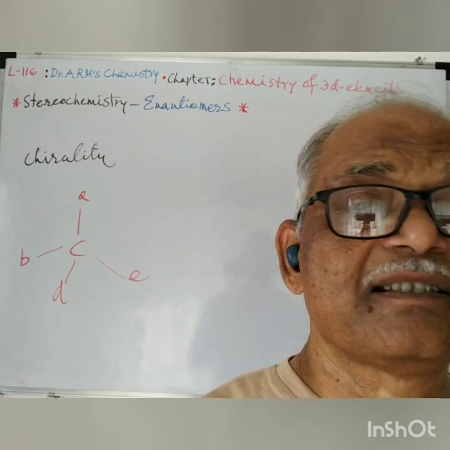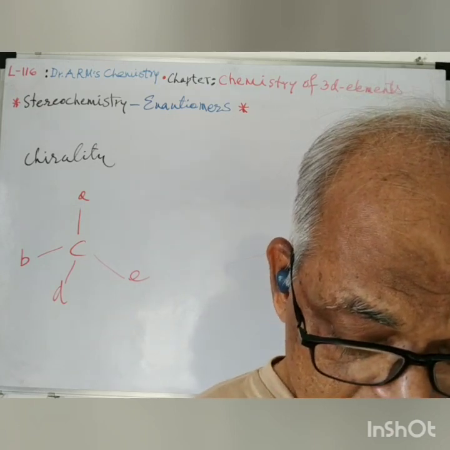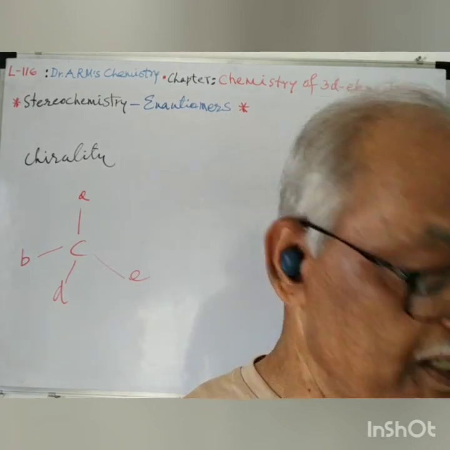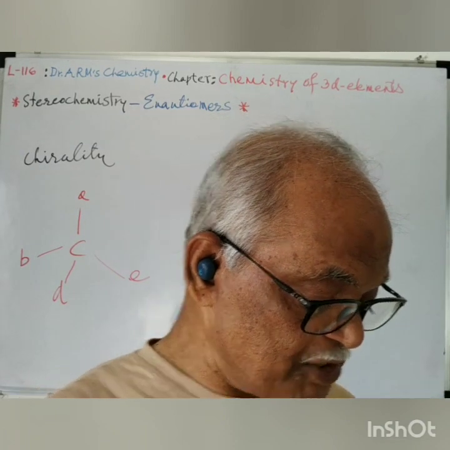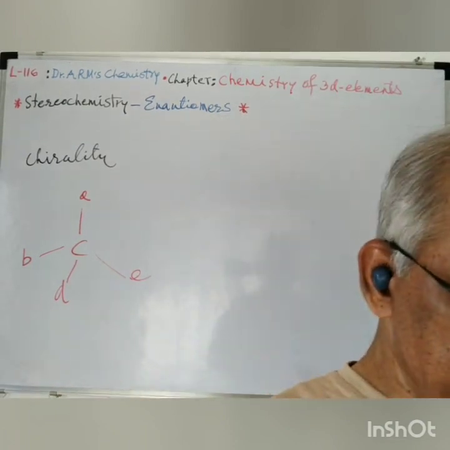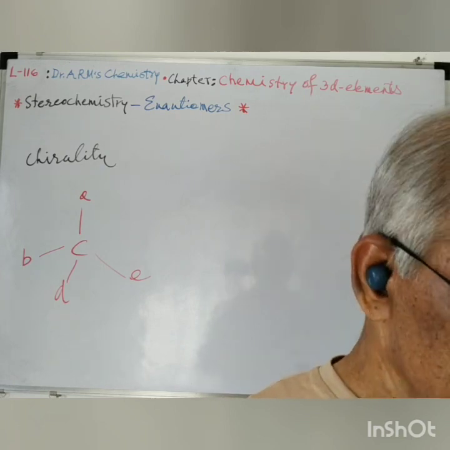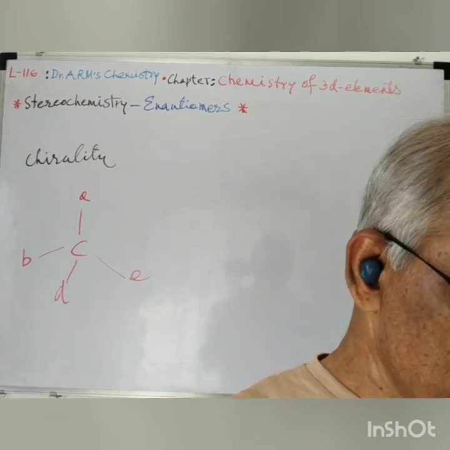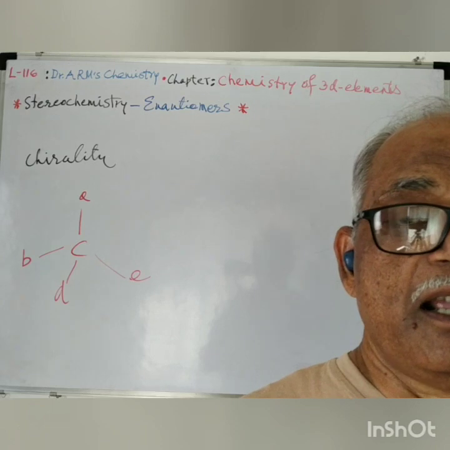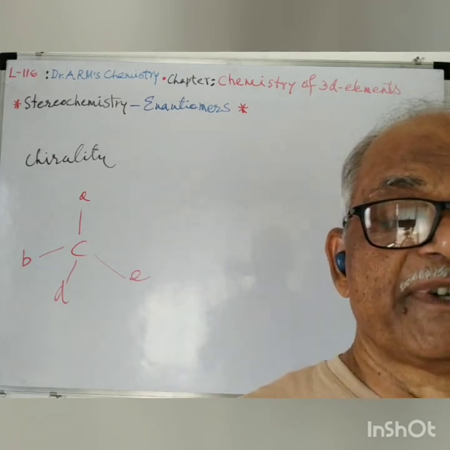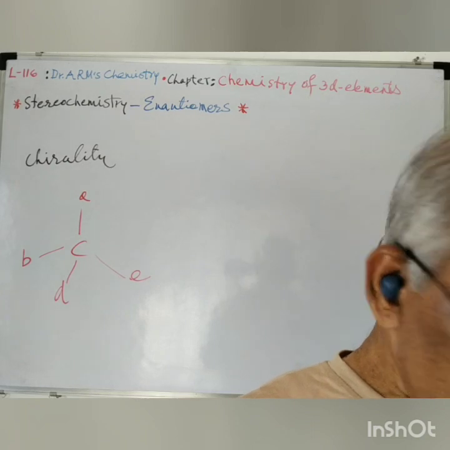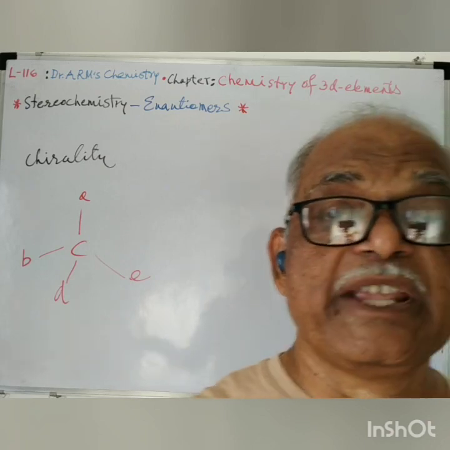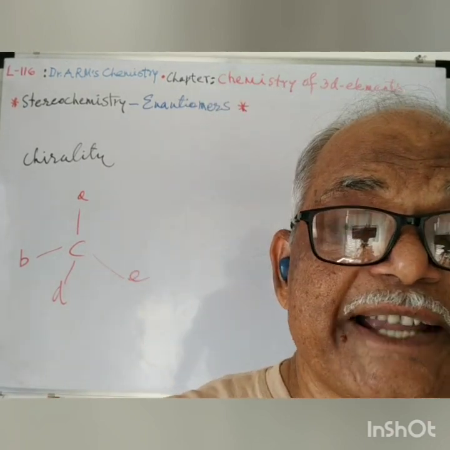So chirality is an important factor here because it gives rise to different species. Enantiomers are formed when chelating ligands are involved, means ligands which have heteroatoms and therefore give different points of attachment. Now, we have seen diastereoisomers in the previous lecture.